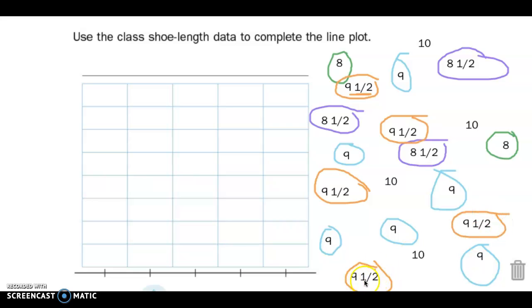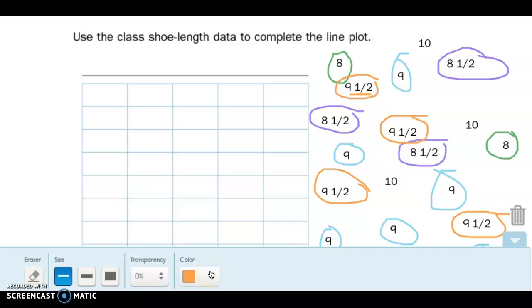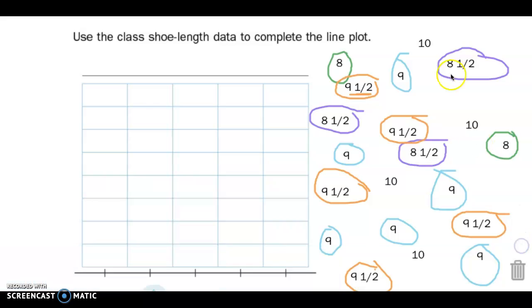Great. If I add one more half, half plus a half makes a whole. What's one more whole than 9? It's one higher than 9. Let's use red. It would be 10. Circle all my 10s. Is there any numbers I missed?